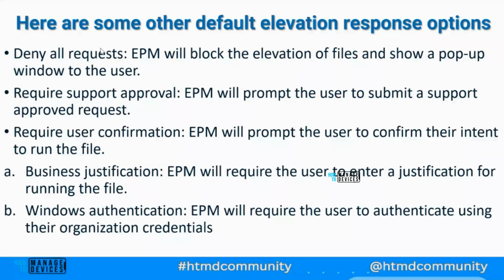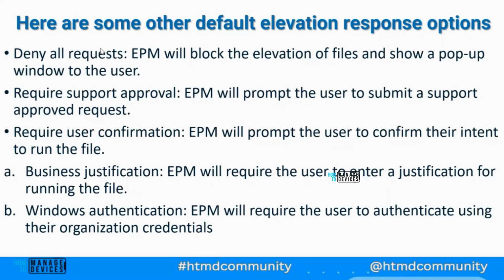EPM will prompt a user to submit a support approval request. The last option, and what we are going to talk about today, is require user confirmation, where EPM will prompt the user to confirm their intent to run a file. First we need to enter a business justification. It will require the user to enter a business justification to run the file, as well as Windows authentication. It's a kind of re-authentication, so EPM will require the user to authenticate with their organization credential.